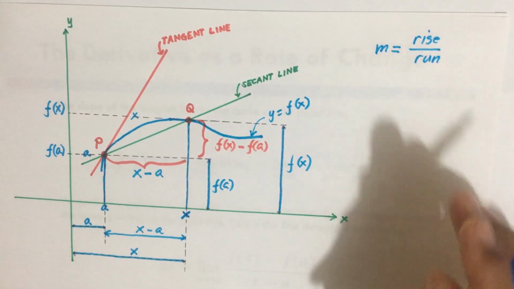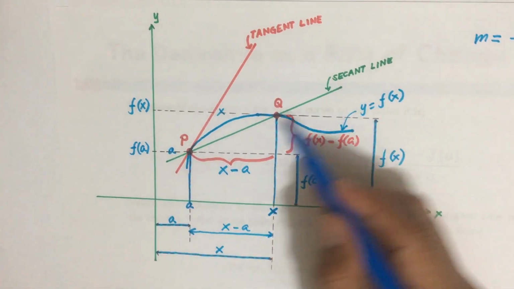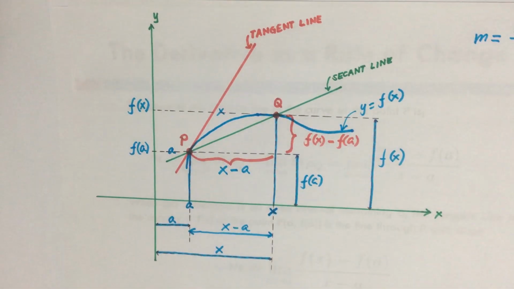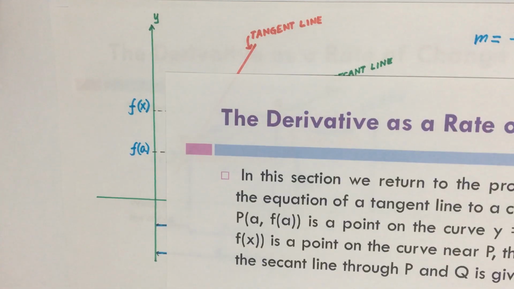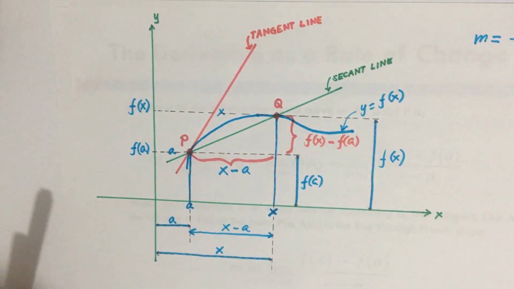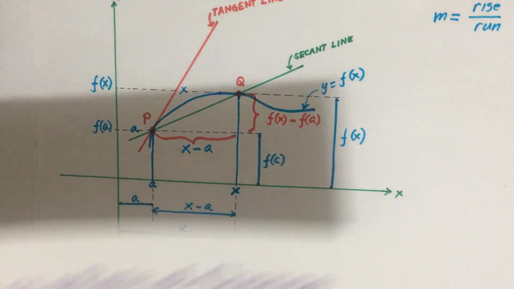Okay, we can still use this one here. So in this case, the slope of the secant line PQ, right? In one of our slides a while ago, it is something like this. This one.